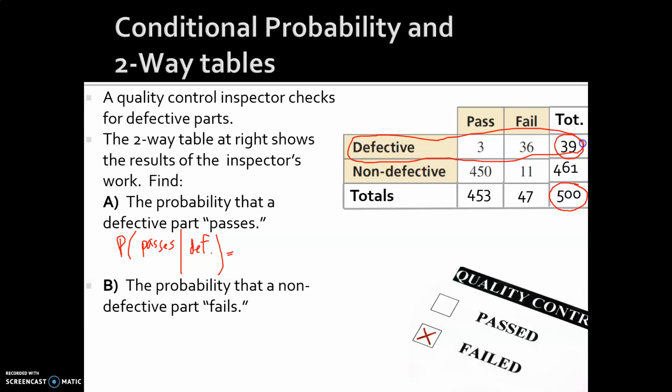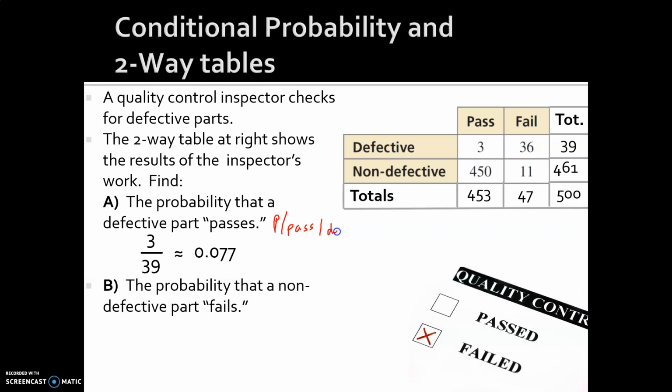And we have 39 of these defective parts. What's the probability that a defective part passes? 3 out of 39 will be our answer. 3 out of 39 is the probability that a defective part passes, or again, probability of pass given defective. Written out like this with a little slash there.